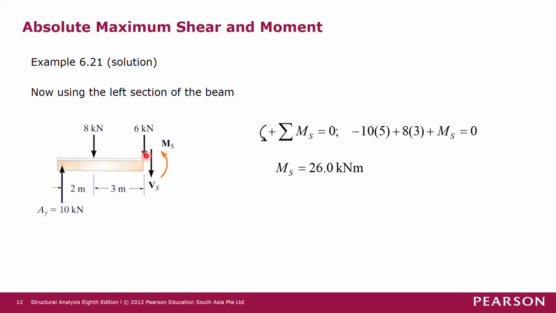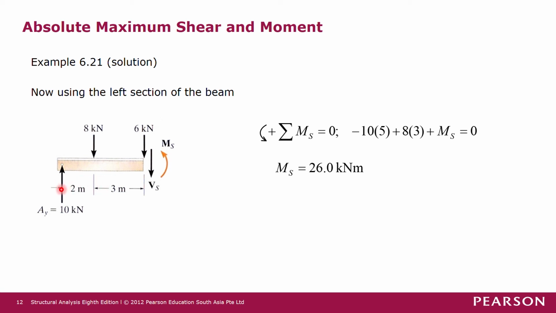Whenever you cut across a section there must be a shear force and a bending moment there. So we put all the shear force and bending moment in the positive direction.